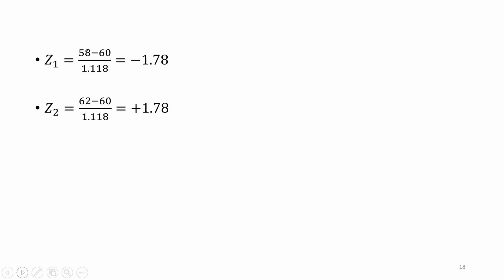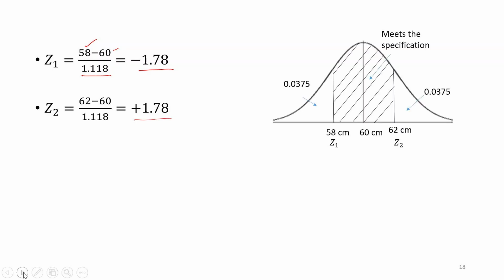So if I say 58 minus 60 divided by the standard deviation 1.118, I get a figure of minus 1.78, and Z2 is plus 1.78. So now T is normally distributed.